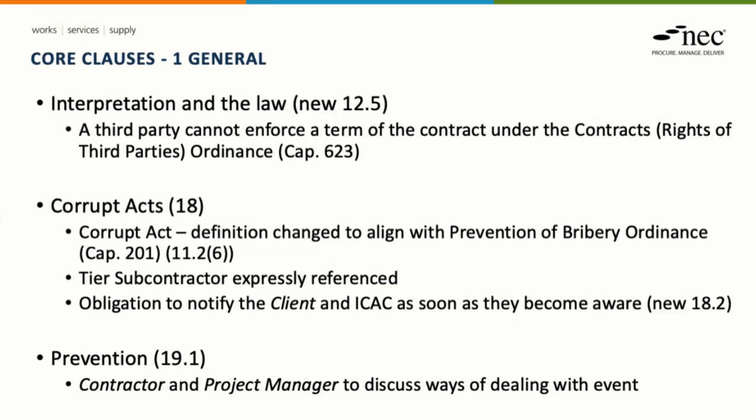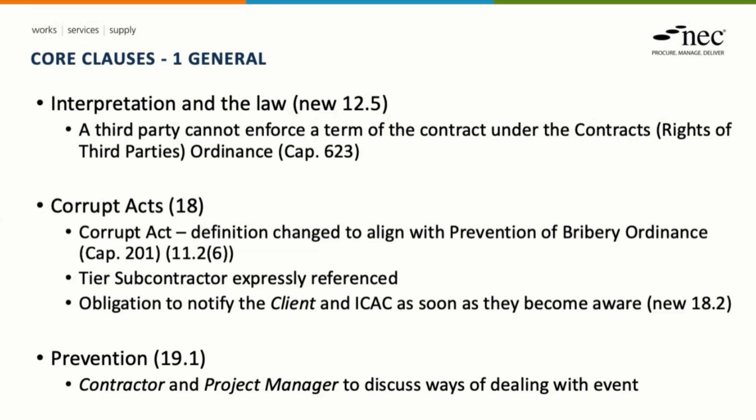We have a new clause in section 12 that deals with third-party rights, and this of course is specific to legislation in Hong Kong. Provisions around corrupt acts have been amended or changed, and again this is to align with Hong Kong legislation and requirements.